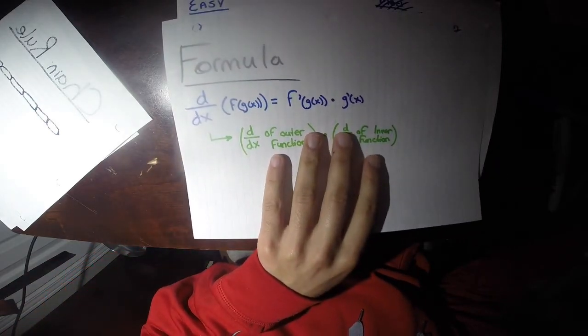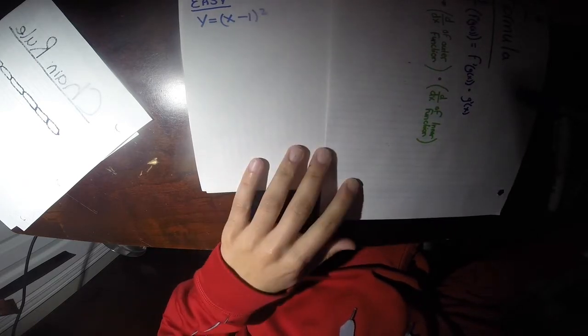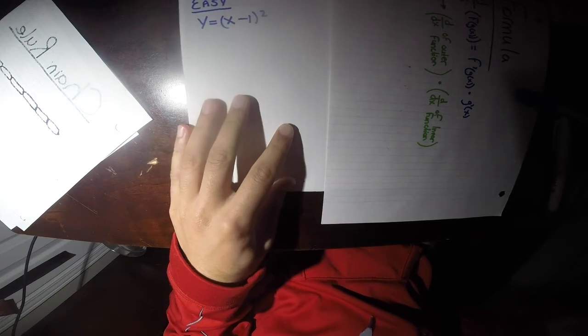Now let's do something easy. Alright, so right now you guys, I have x minus 1 to the power of 2. Now you would think, oh, just times it by 2 and do a product rule.